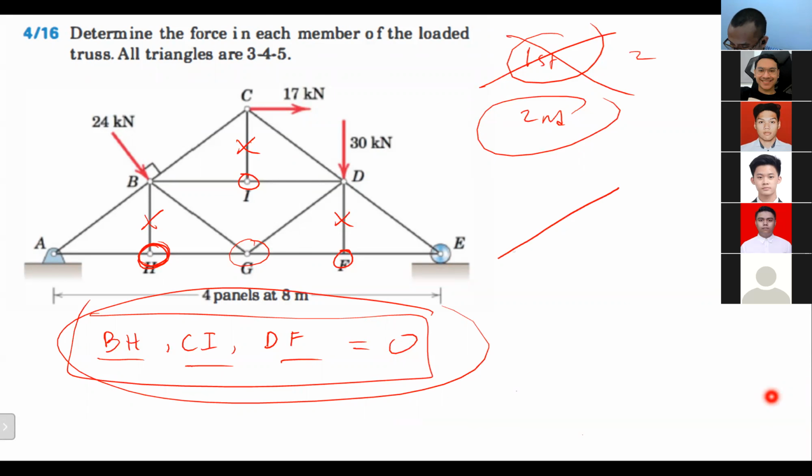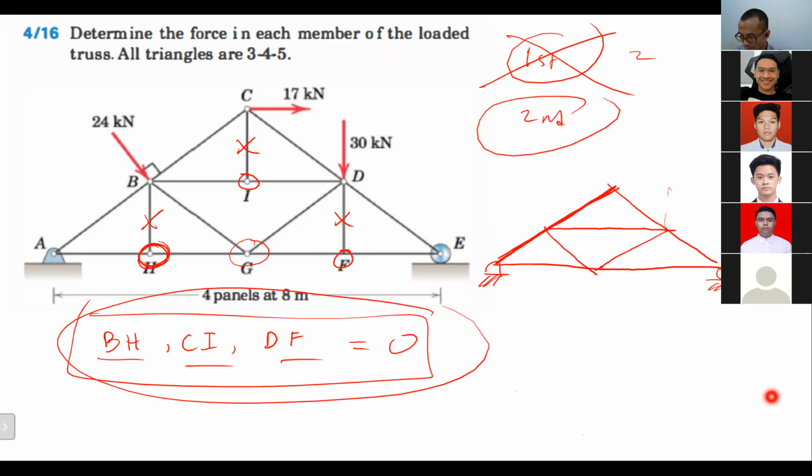So basically, our problem is now becoming like this. This will be the simplified one. Then there will be a pin joint here and a roller here.